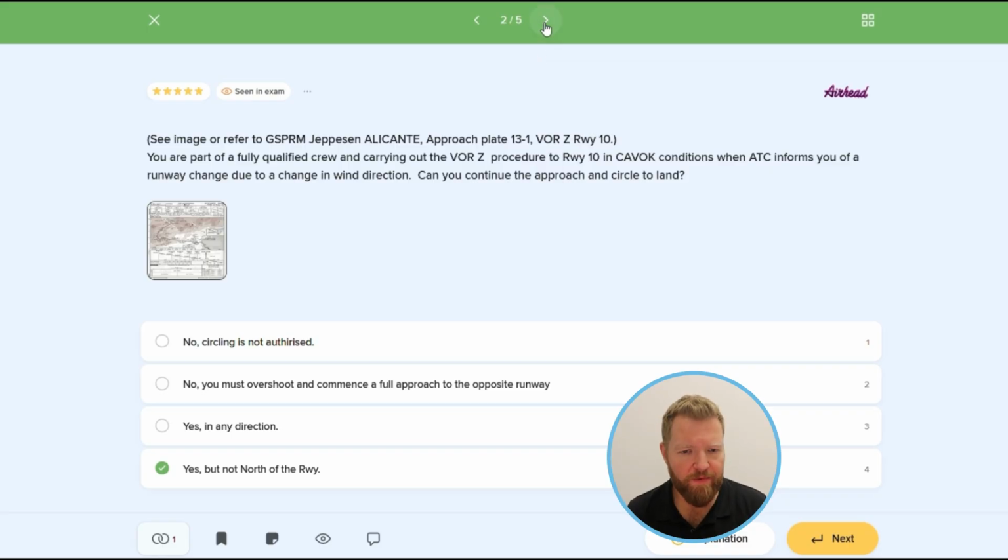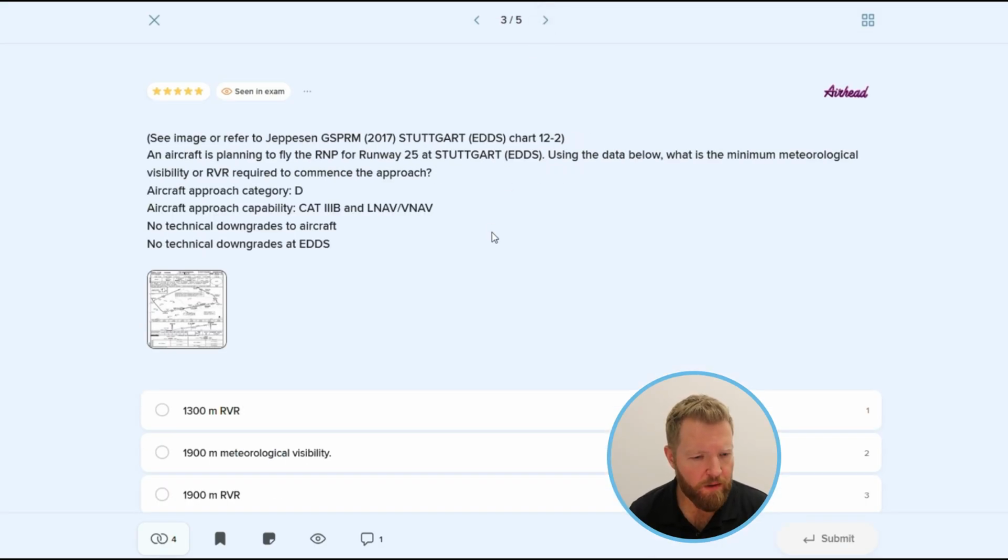Okay, question number 3. Okay, once again we have an image of a Jeppesen plate from Stuttgart. This time it's chart 12-2. And the question is: an aircraft is planning to fly the RNP for runway 25 at Stuttgart.